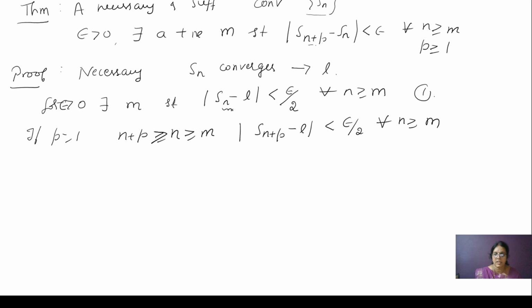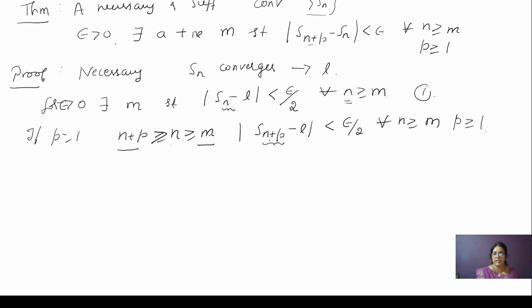If n is greater than or equal to m, then this is true. In place of n we have n plus p now, and n plus p is greater than or equal to m, therefore this is true for Sn plus p. So this is also less than epsilon by 2, for every n greater than or equal to m and p greater than or equal to 1.